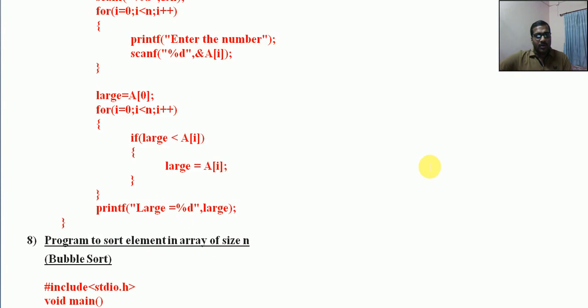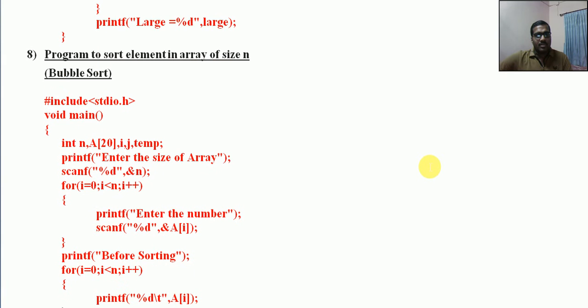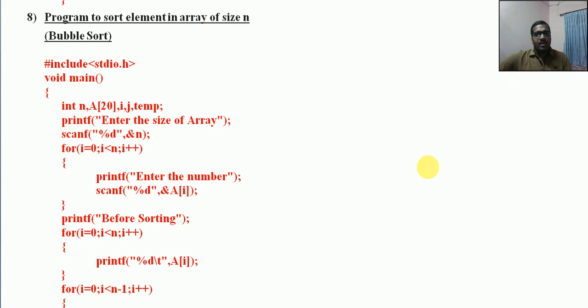The program, one of the major array logic, that is a sort program. It is a program used to sort the elements present in an array. So what do you mean by sorting?